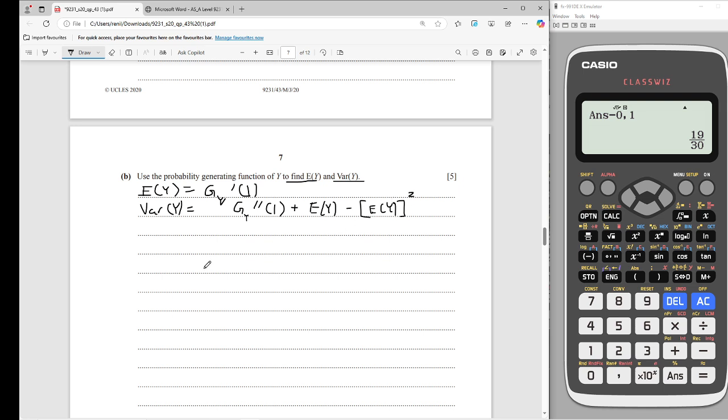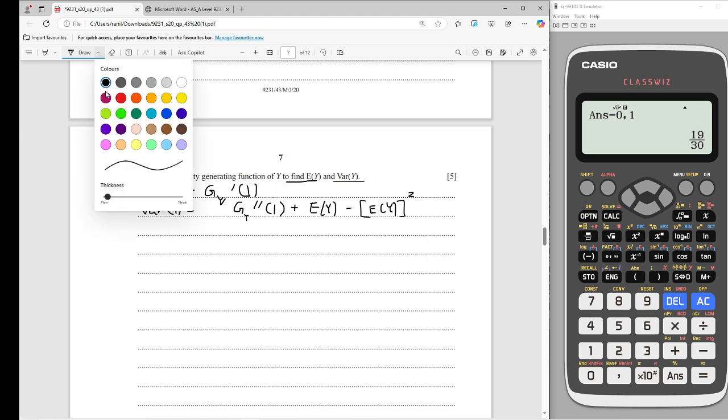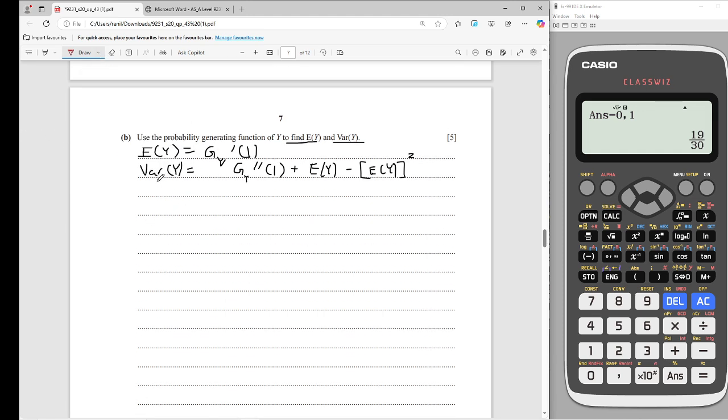Right, so you can plug in this value right here, it wouldn't matter, both ways are going to give the same value. So right here we need to find the differentiated function of Y, the PGF of Y.